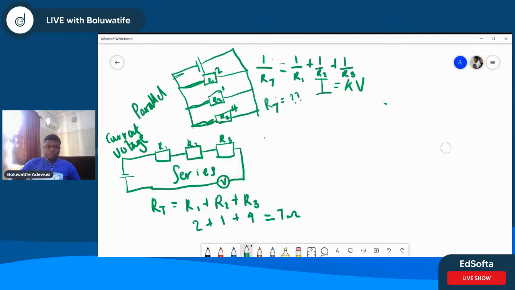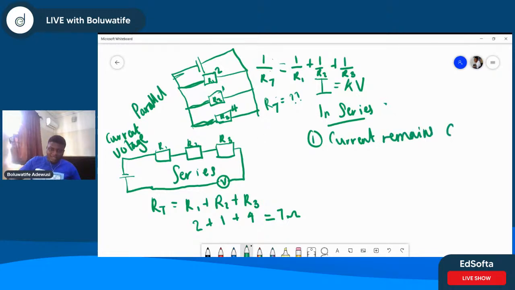Okay, now when you connect in series, something is happening to your current and something is happening to your voltage. So now I want you to notice that in series, current remains constant.